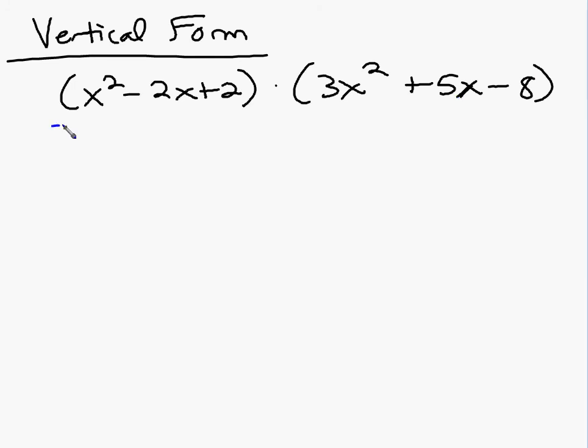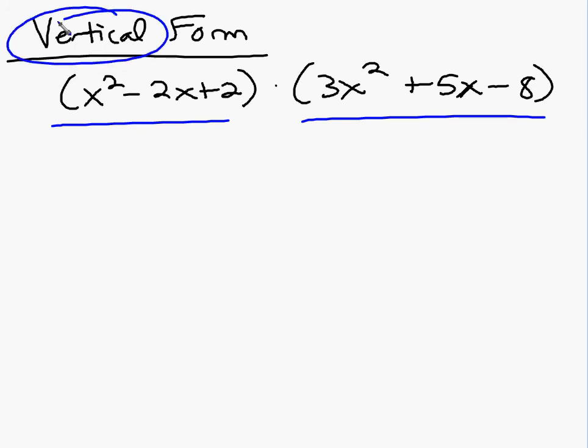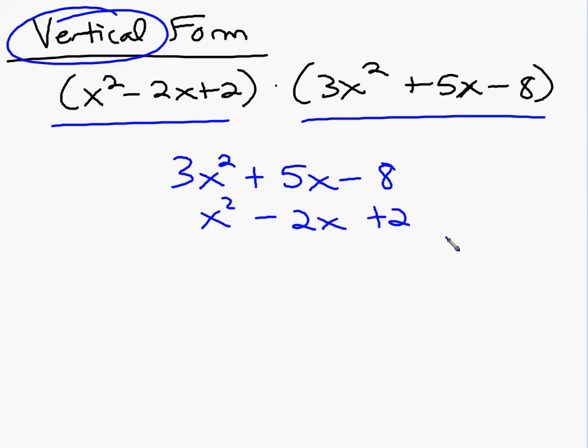If either one of these polynomials has 3 terms, I can't use FOIL. Vertical form means exactly what its name states. I'm going to stack these up vertically on top of each other, and then I'm going to do multiplication the old-fashioned way, like you learned back in grade school.